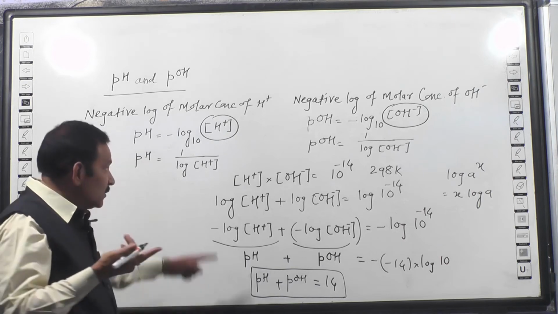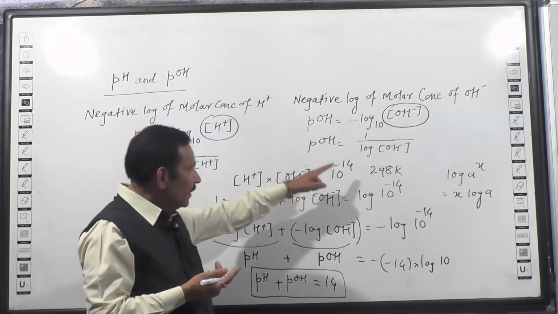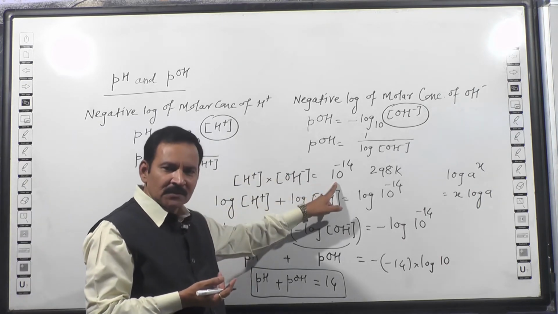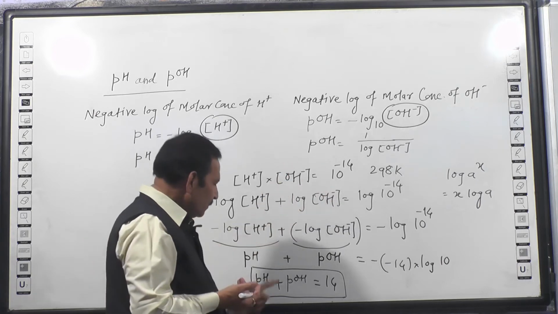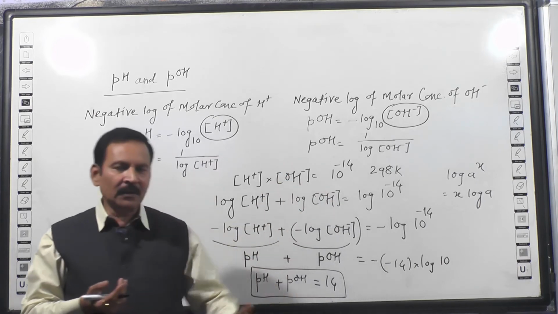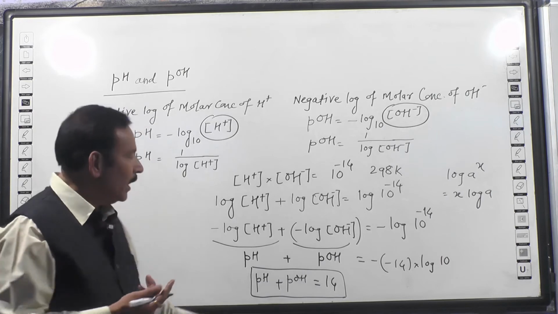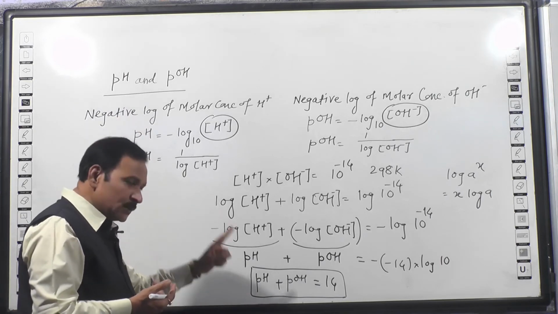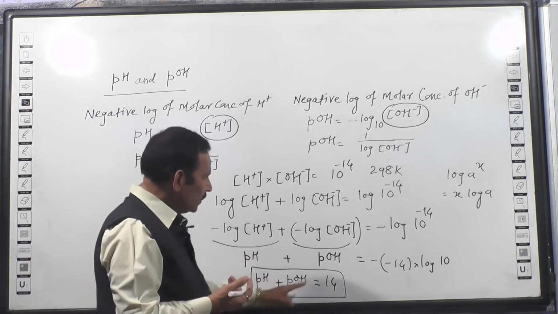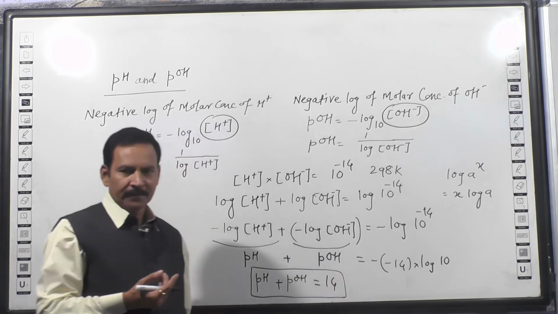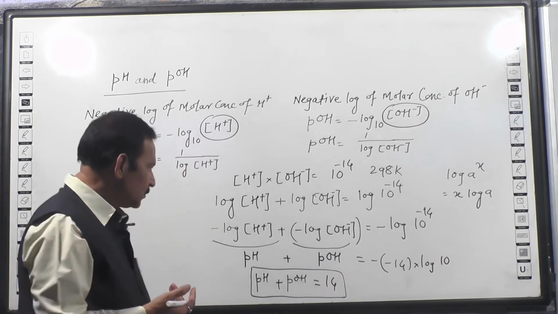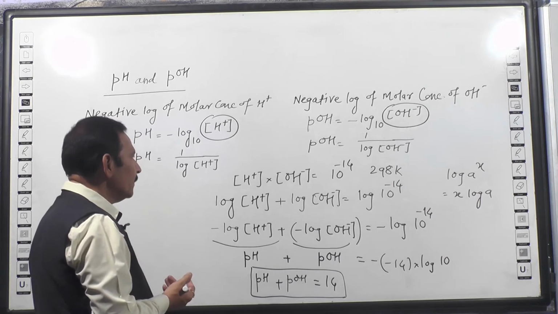Similarly, H plus and OH minus ions are related with one another by this equation. pH and pOH are also related with one another by one equation, and that equation is the summation of pH and pOH is always equal to 14.